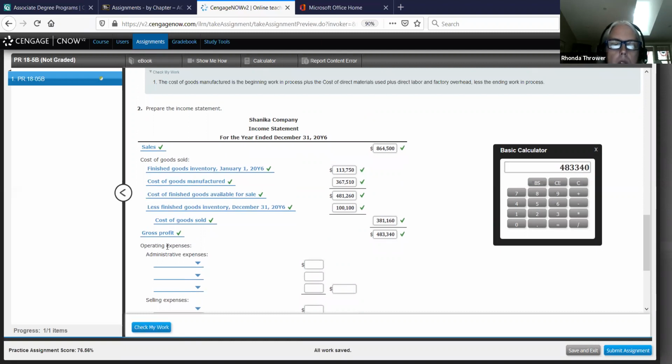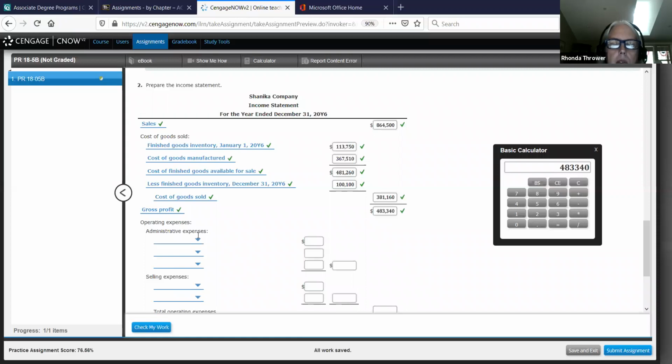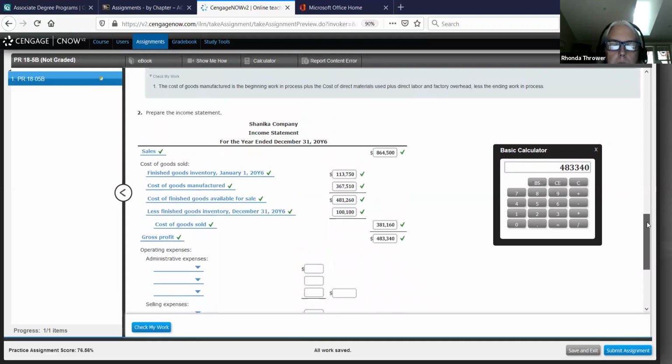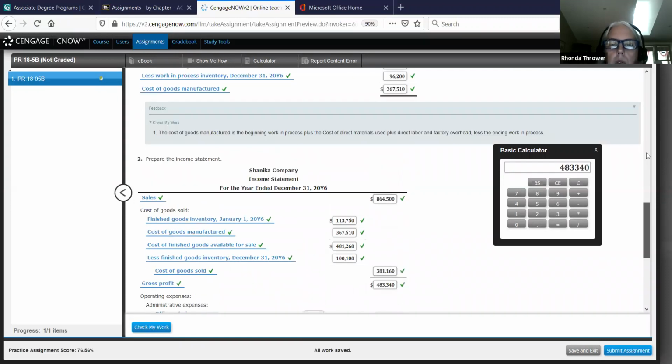The next category is your operating expenses. Operating expenses consist of both selling expenses and administrative expenses. They want you to list each one of these separately. And so your first administrative expense would be office salaries expense.